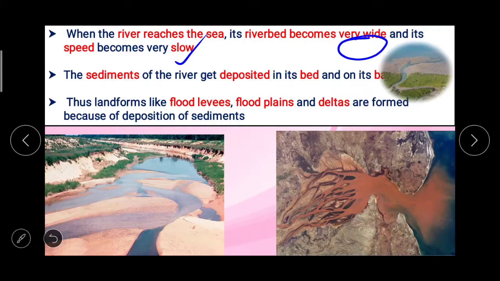The sediments of the river get deposited in its bed and on its banks. Thus, the landforms like floodplains, floodplains and deltas are formed because of deposition of sediments.